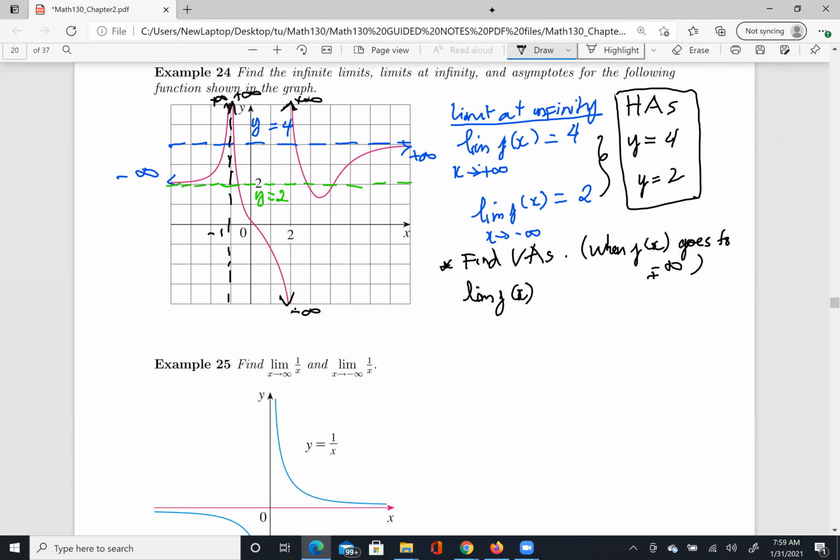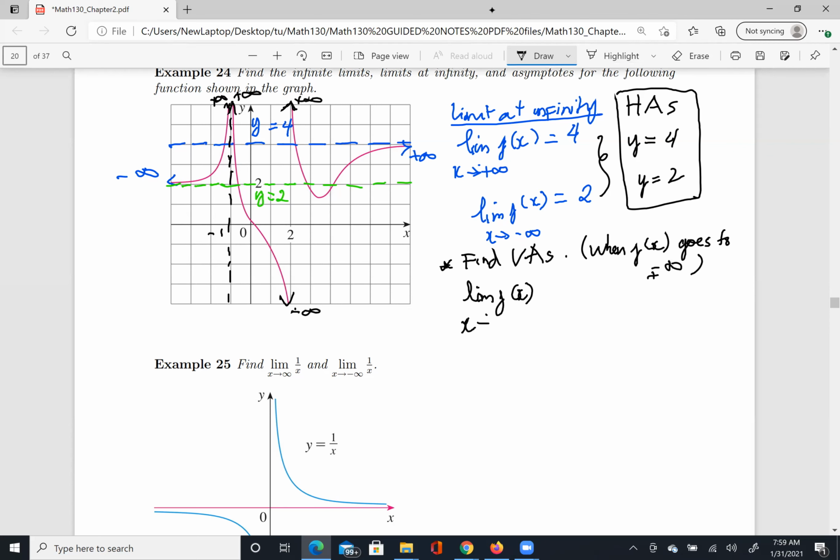So when x goes to -1 from both ends, you see that, right? Because both sides will let the f(x) go up to infinity. So I'm gonna say this is gonna go to the positive infinity.